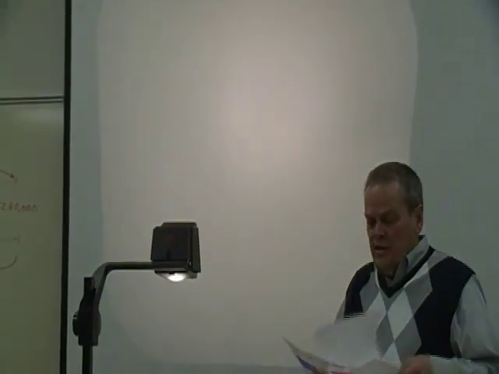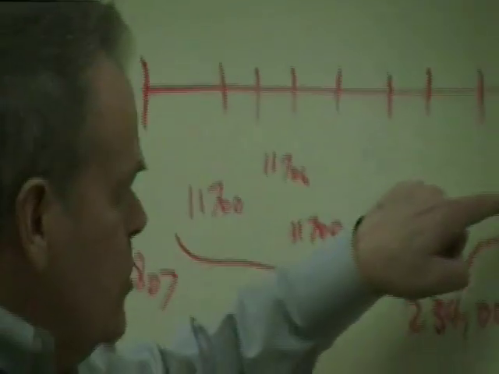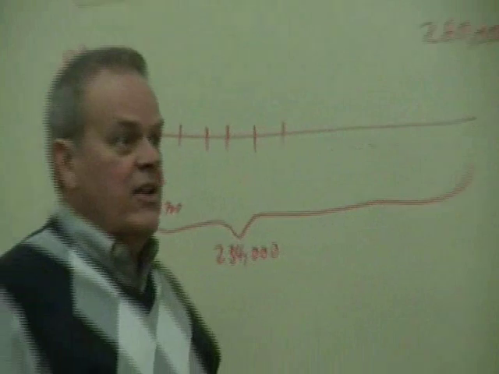Interest method amortization compares two things that deserve to be compared: the amount of interest we pay with the amount of interest we incur. The amount of interest we pay in this particular exercise was determined to be $11,700. 20 times we're going to pay the $11,700.